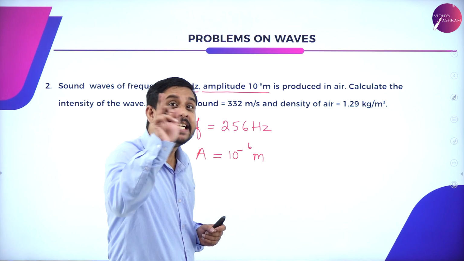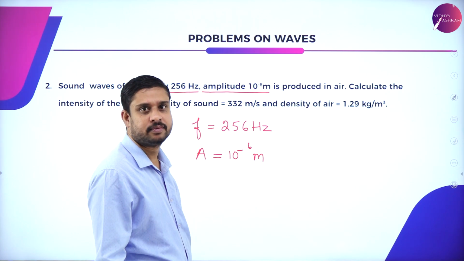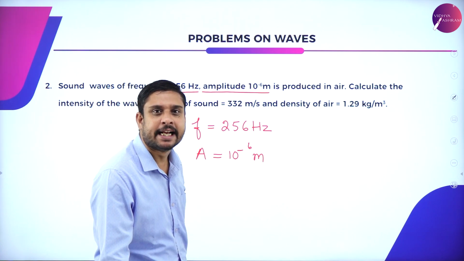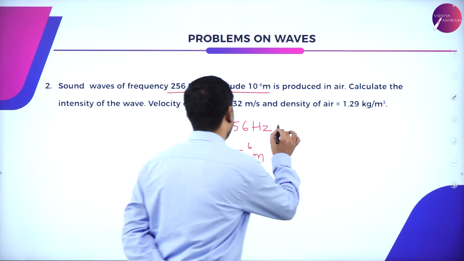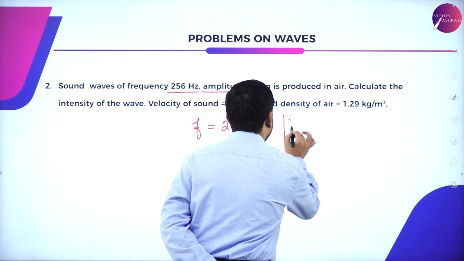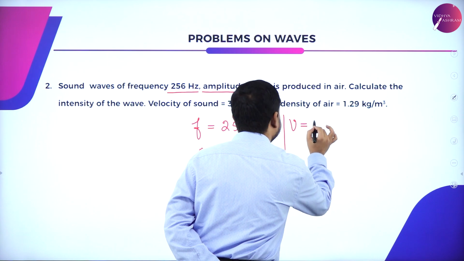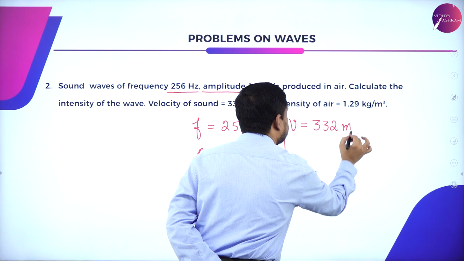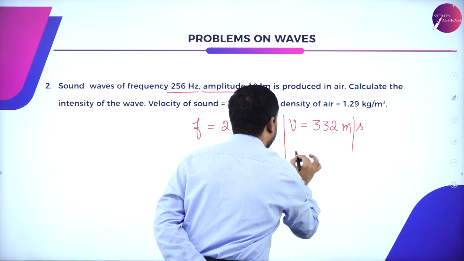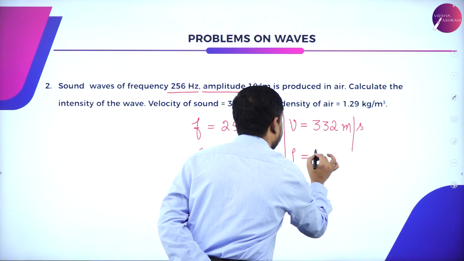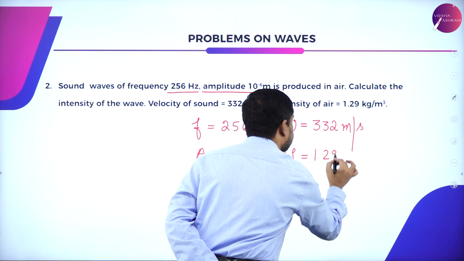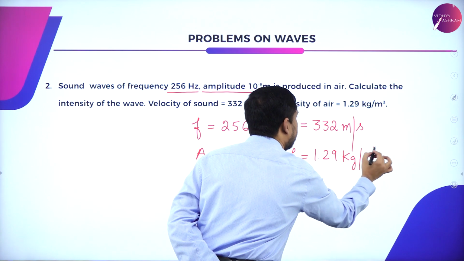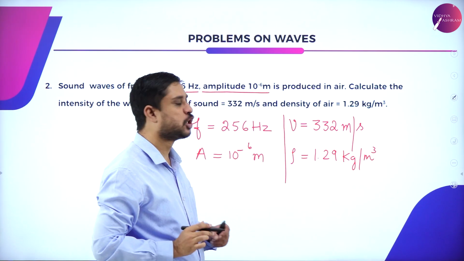Calculate the intensity of sound, provided velocity of sound in air is 332 meter per second and density is 1.29 kg per meter cube.